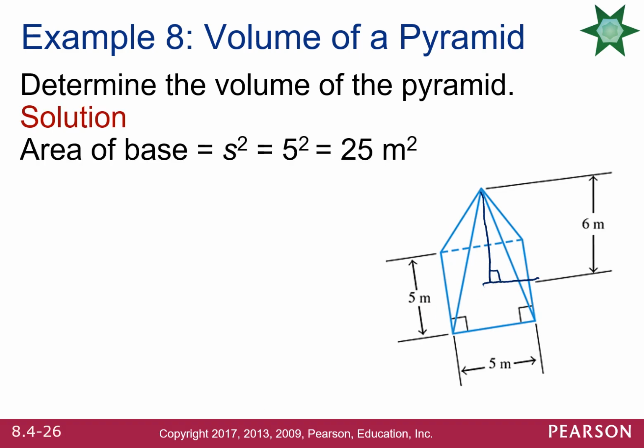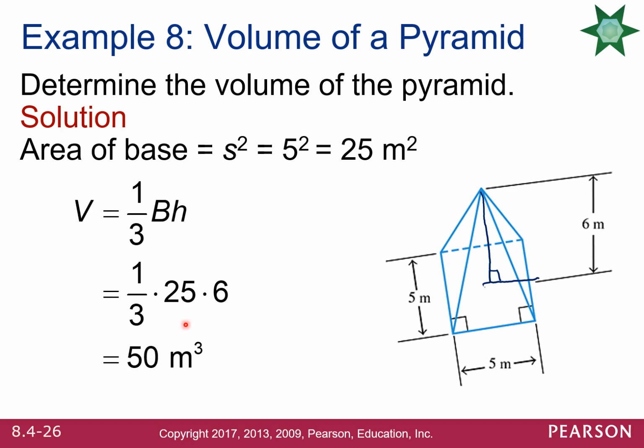The formula to find the volume is 1/3 B times H. We first have to find the area of the base, that means the area of the square, which is 5 squared, right? Area of a square is S squared. So 5 squared is 25 square meters.